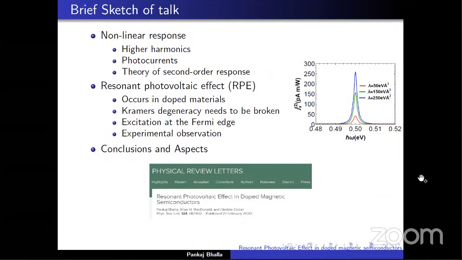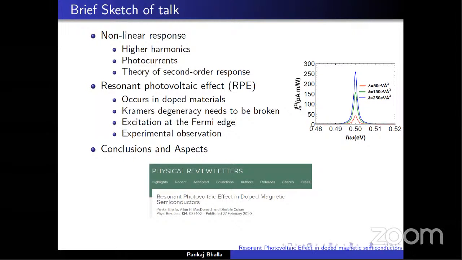So in this talk, I will first talk about linear versus nonlinear response. Then I will go ahead with the higher harmonics of photocurrents, which we call the DC currents in the nonlinear domain. Then I will describe the theory that we have developed for this type of effect.